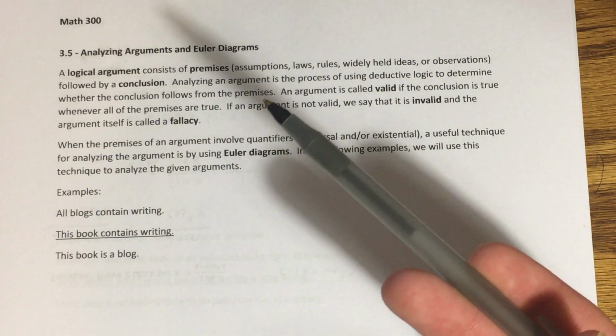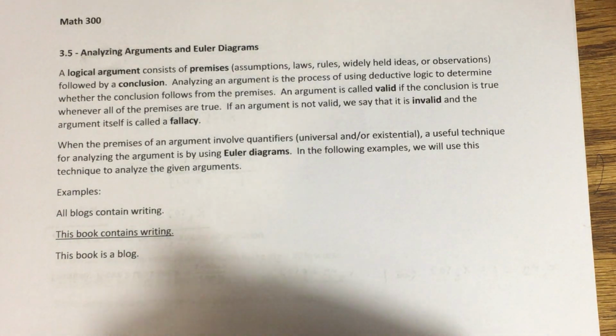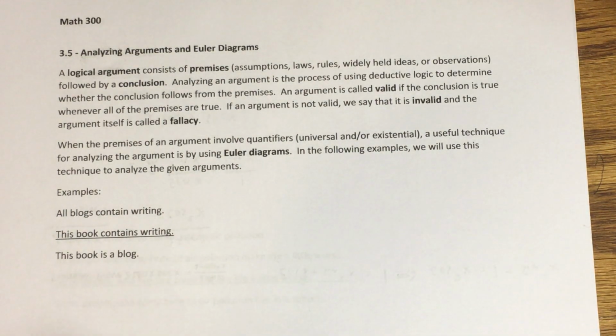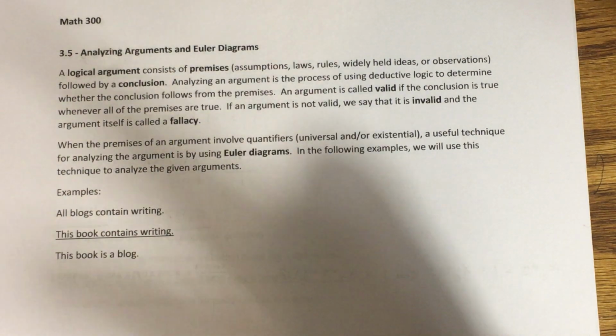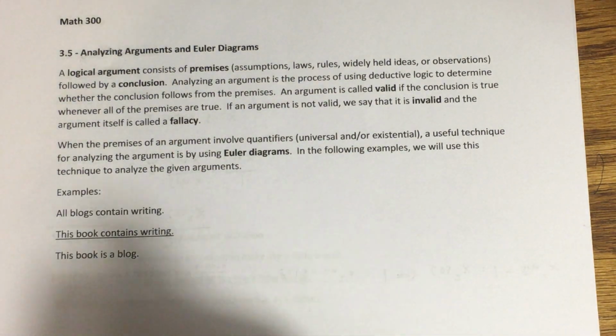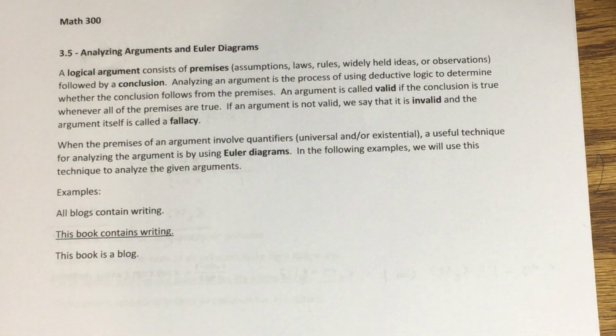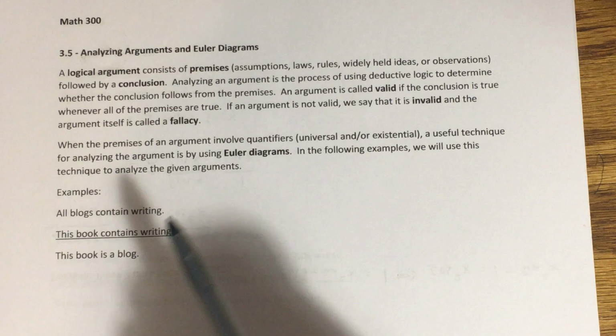If that's not the case, if all of the premises are true in an argument, and that doesn't necessarily imply that the conclusion is also true, then we call that argument invalid, and we say that it's a fallacy. These are all terms that you're probably familiar with just from common language, but we have definitions associated with these that we are going to use in this section.